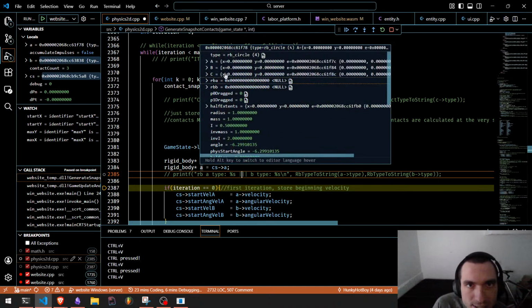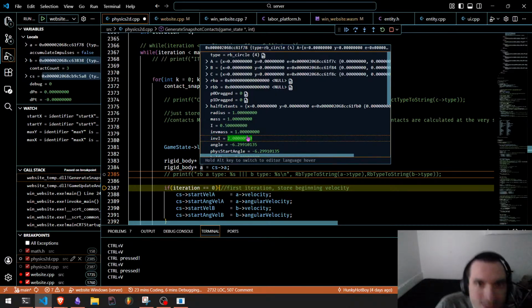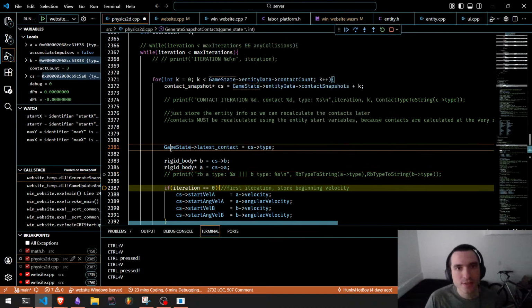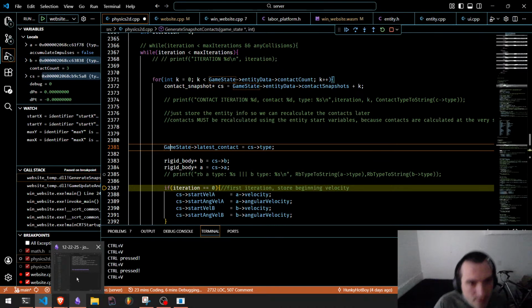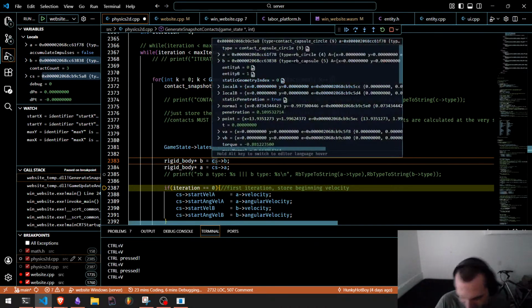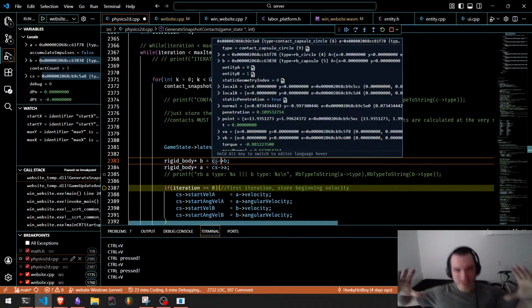That's rigid body A. You can see the type is a circle. Inverse I is 2. The moment of inertia is smaller for the circle because it's not stretched out as much. The capsule's is way larger.